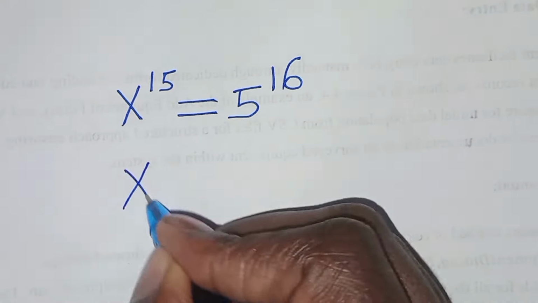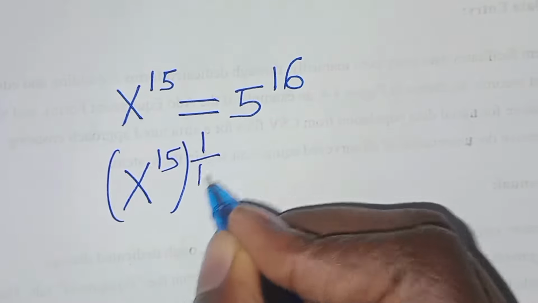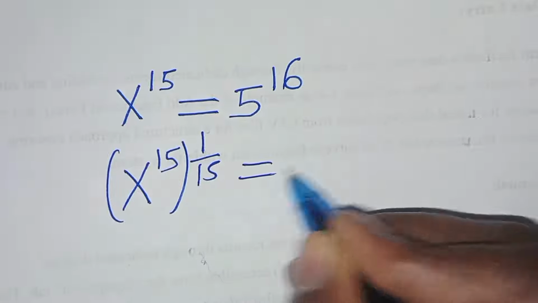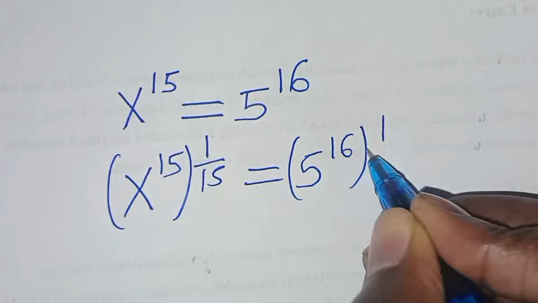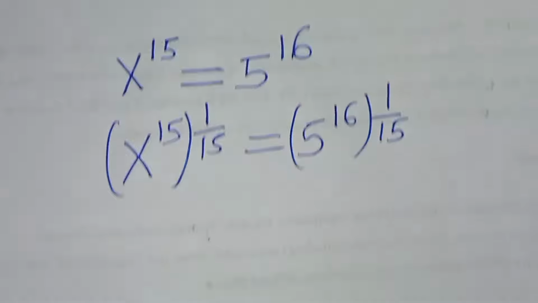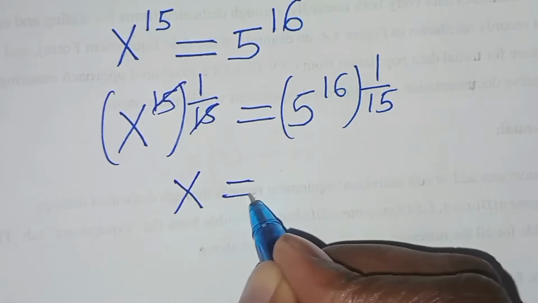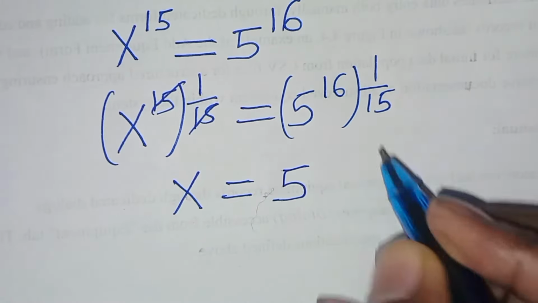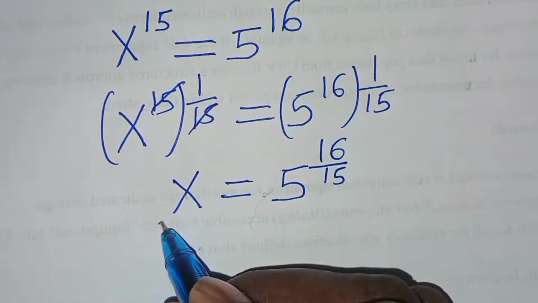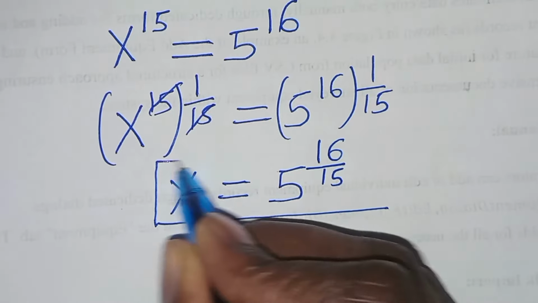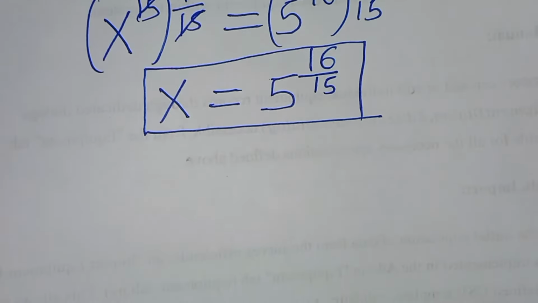So what we do here, we multiply both sides by 1 over 15, and this is equal to 5 to power 16 multiplied by 1 over 15. So if you simplify, we'll have that x is equal to 5 to power 16 over 15. This is the value of x by applying method 1. So let's proceed to method 2.